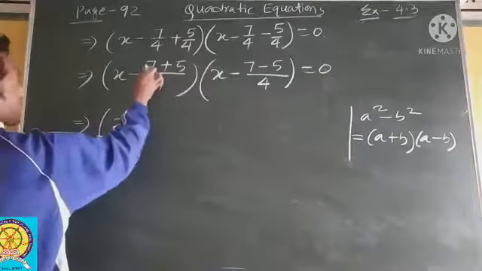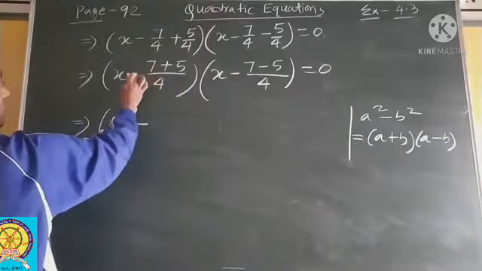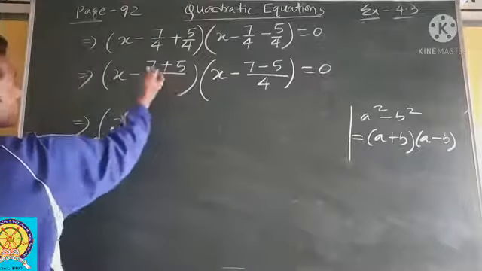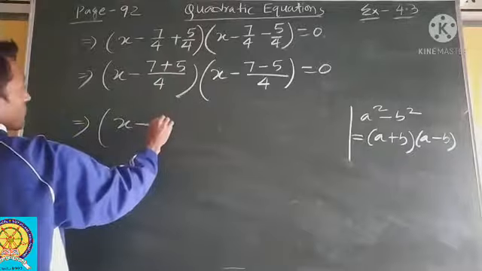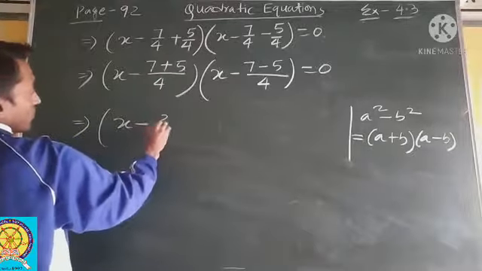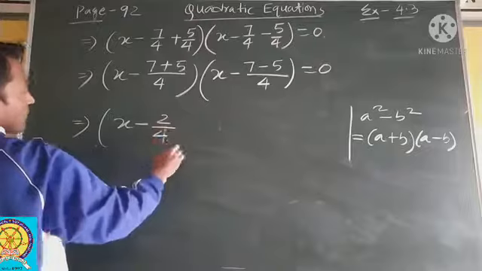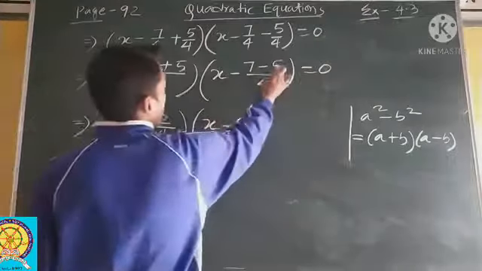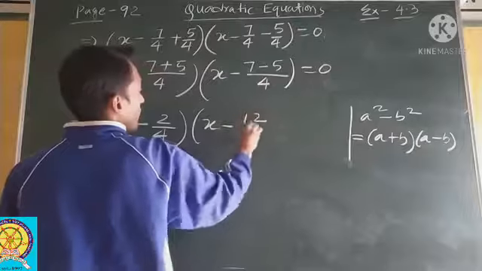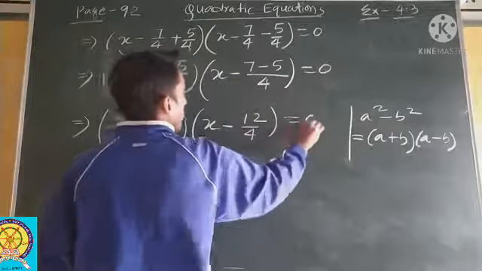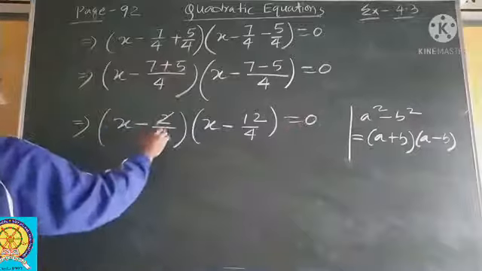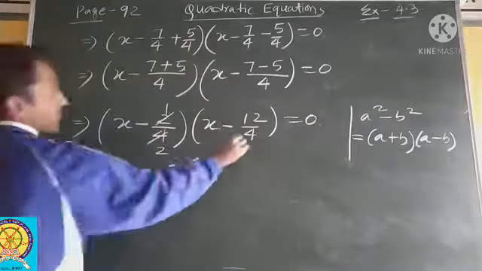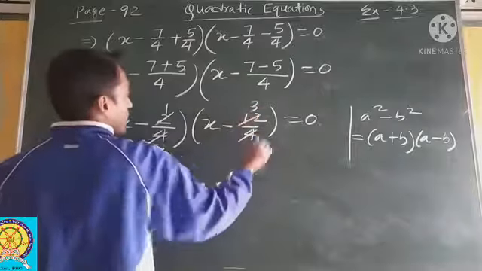x minus. Before the greatest term 7 we have minus, before 5 we have plus, so we have to subtract. 7 minus 5 is 2 by 4. x minus, minus 7 minus 5 is minus 12 by 4. Now you see 2 to the 4 we can cancel, and this one also we can cancel, 4 to the 12.